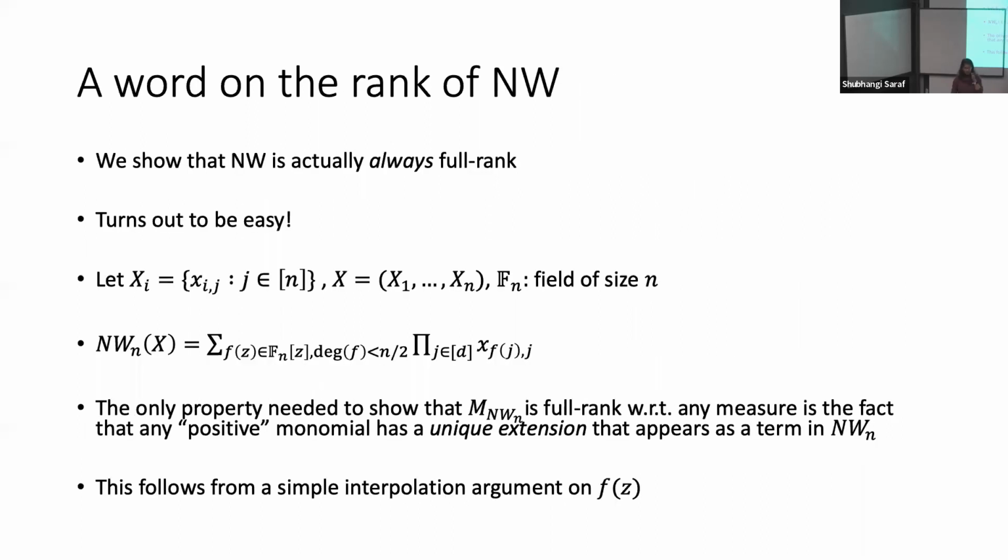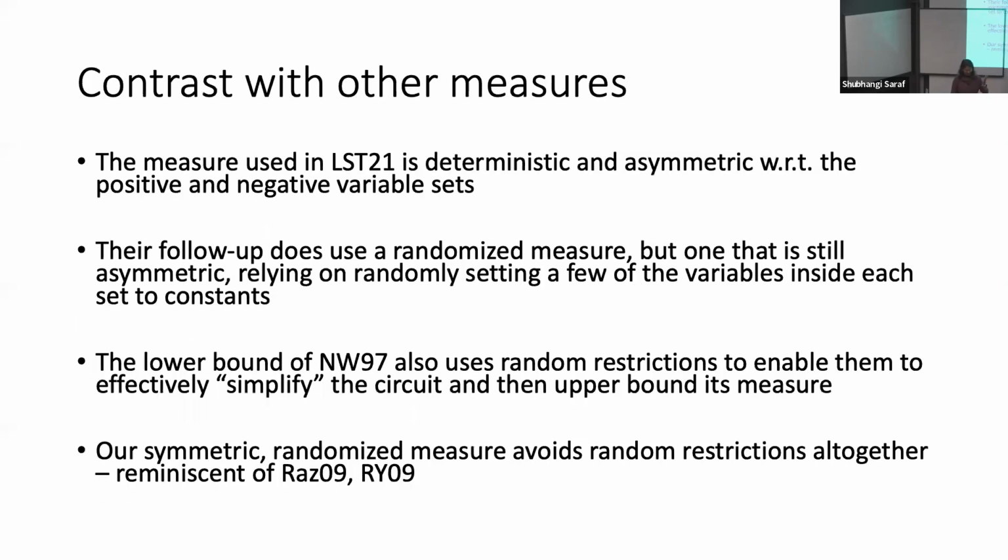So we show that under the measure I defined, it is easy to show that the Nisan-Wigderson polynomial is always full rank. It was a little harder work to show that the circuit has small rank. I'm running out of time, so my slides are ending here.